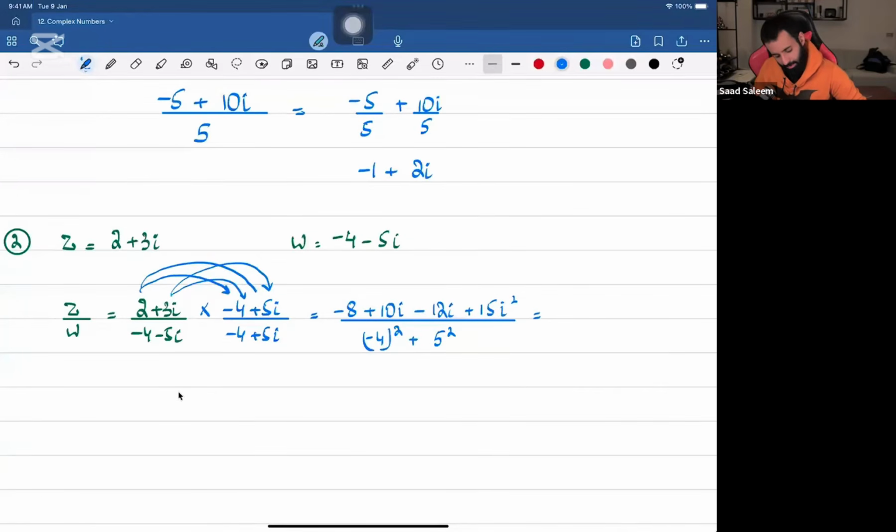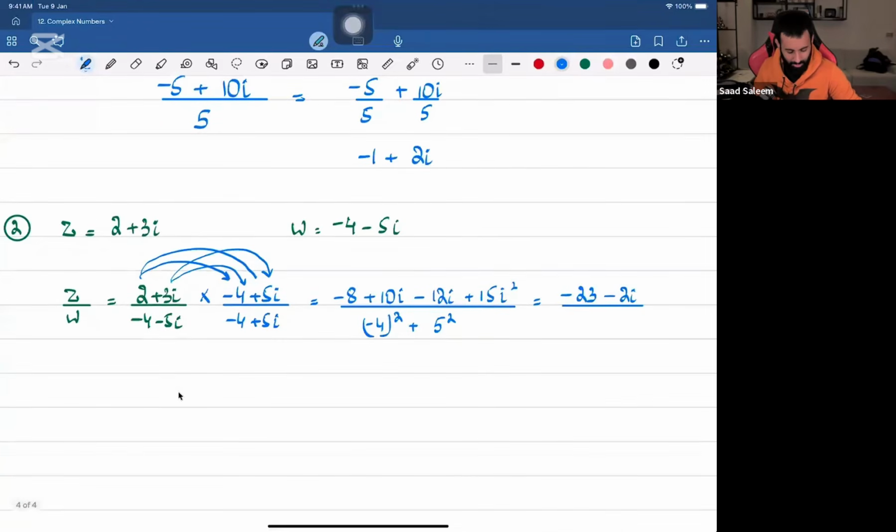Now, minus 8 minus 15, that's minus 23. 10 minus 12 iota, that's minus 2 iota, divided by 16 plus 25. What's that equal to?